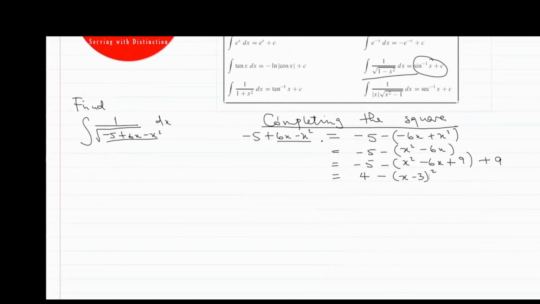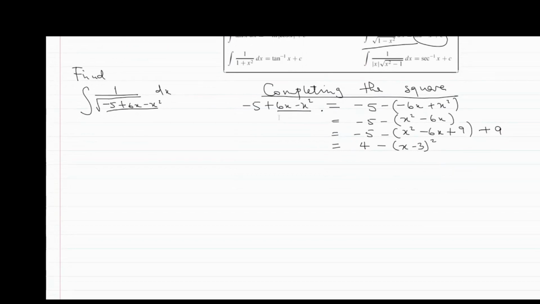Now, coming back to our integration problem, the integral of 1 over the root of -5 plus 6x minus x squared has been transformed into that expression.